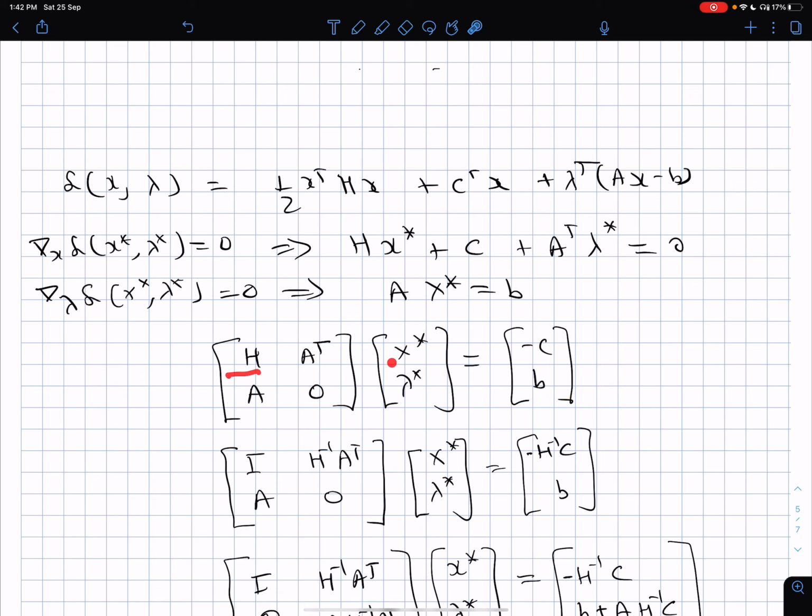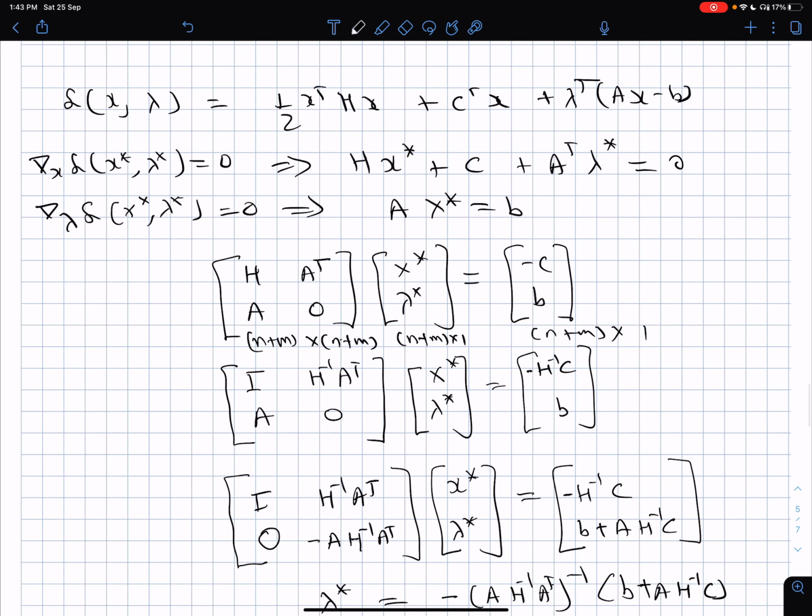So H times x star plus A transpose times lambda star is equal to minus c. Ax star plus 0 times lambda star is equal to b. So this is an (n plus m) by (n plus m) matrix. This is an (n plus m) by 1 vector, and this is an (n plus m) by 1 vector.